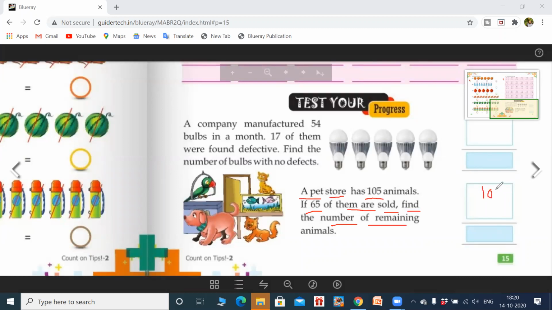Subtract and find out. Minus 65 you write. 5 minus 5 is 0 and 10 minus 6, that is 4. 40 are the remaining animals. So how many remaining animals are there? 40.